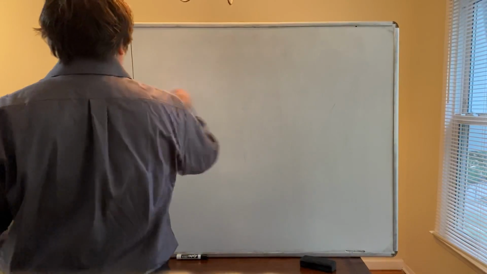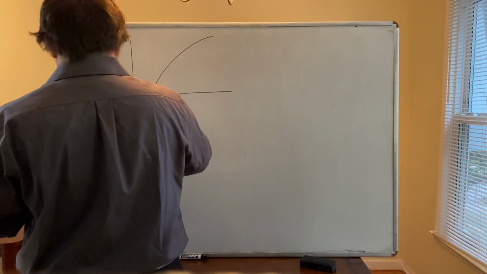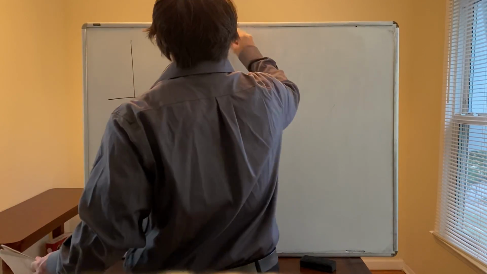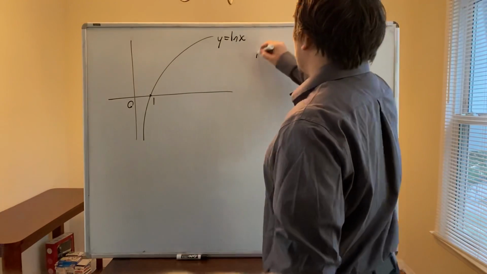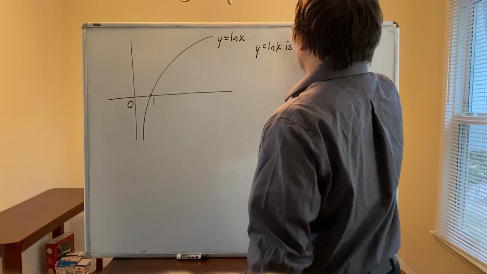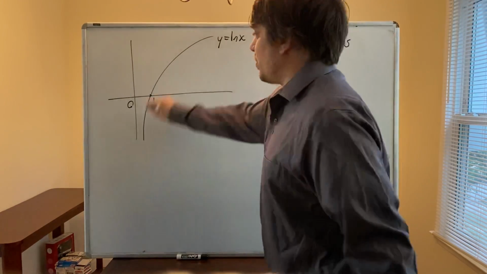So if you look at this graph, this is the graph of y equals ln x. Okay, so y equals ln x is continuous. You can draw the graph without lifting your hand, so it's continuous.